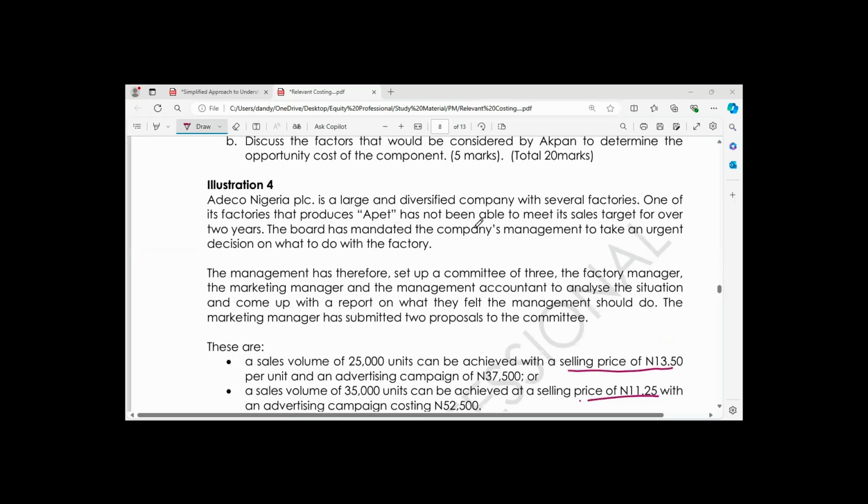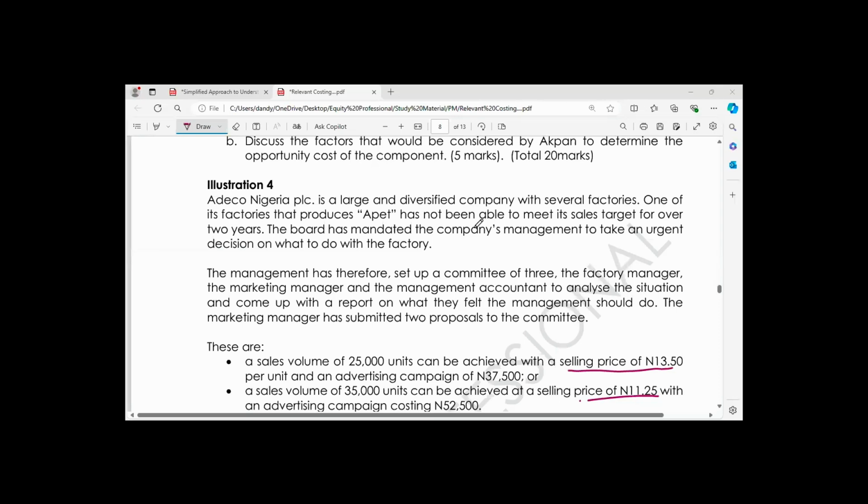Option 1 is to produce 25,000 units, option 2, 35,000 units, option 3, to shut down. Under each of them, since I have sales volume, the one that gives me the highest net profit or thereabout is the option I will select.